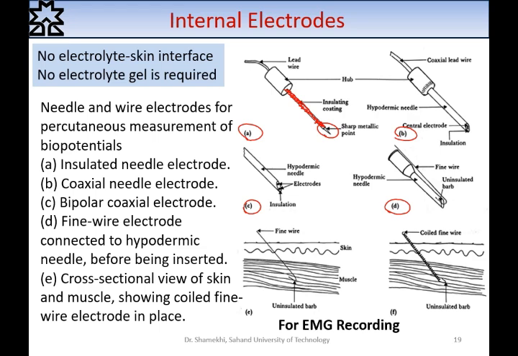The second type is coaxial needle electrode. As you can see, we have an outer conductive layer here, hypodermic needle, and the center of this electrode is also conductive, and we have an isolated layer between the outer metal part and inner recording part.